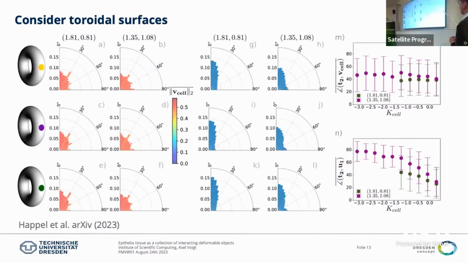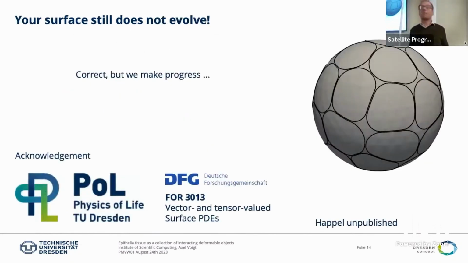That seems to depend on curvature. There are some experiments, but they're very rough, showing a similar trend. The take-home message here is that for these more general surfaces, this extrinsic curvature might not be that important. Okay, and you could now say, well, the surface is still not moving, right?